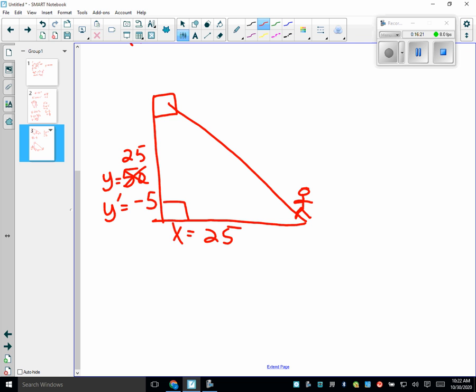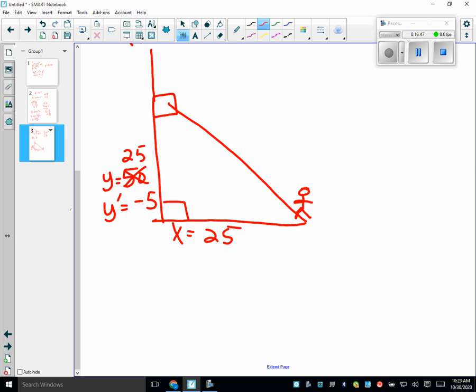I think it's 25. Because at that instant, the flag is 25 feet. Why is it 25? Because it says the flag is changing. We want to know what is happening when the flag is 25 feet high.